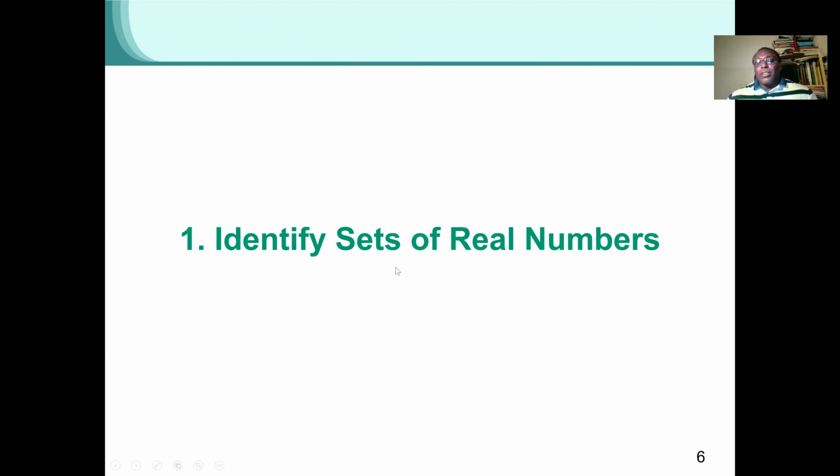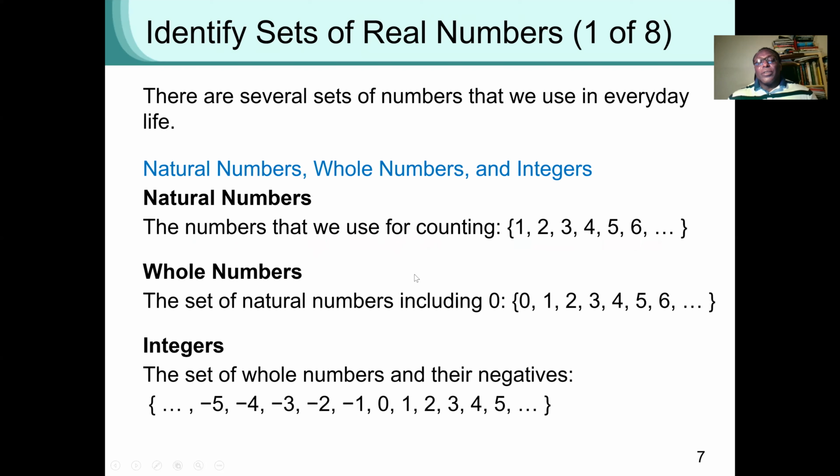So next, we're going to identify the set of real numbers. There are several sets of numbers that we use in everyday life. For example, we have natural numbers, whole numbers, and integers. Natural numbers are the counting numbers, such as 1, 2, 3, 4, 5, 6.